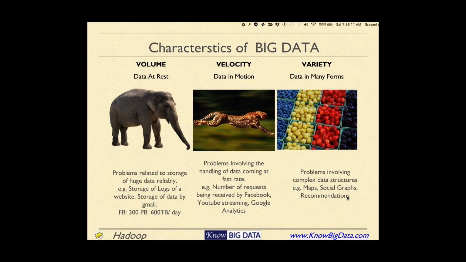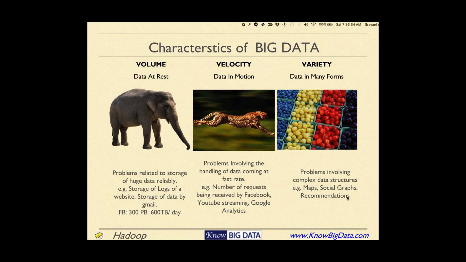Now finding a path in a map does not have huge data; the volume is not in terabytes. It may be say 100 gigabytes if you are searching the map from one location to another in a big country like India.